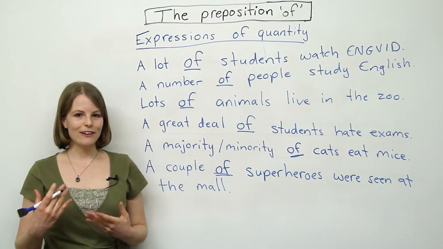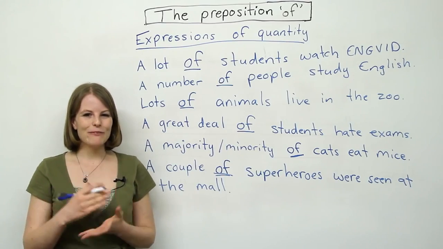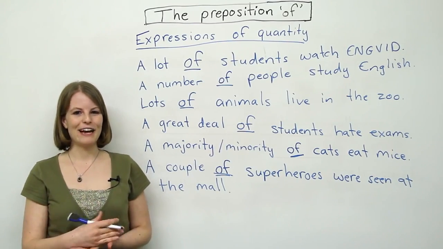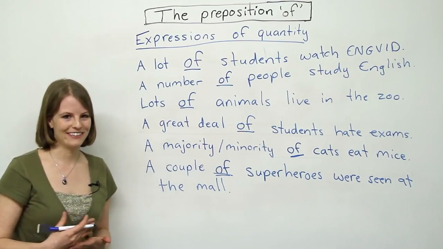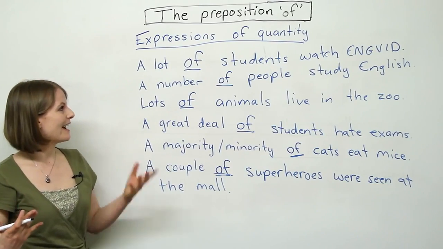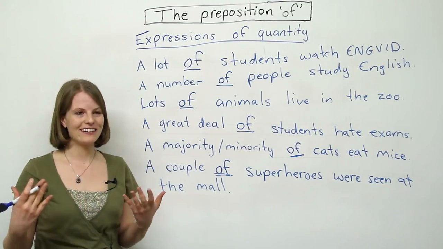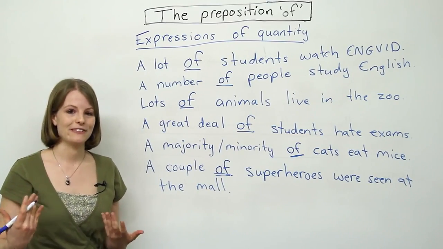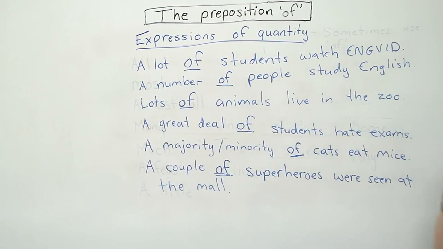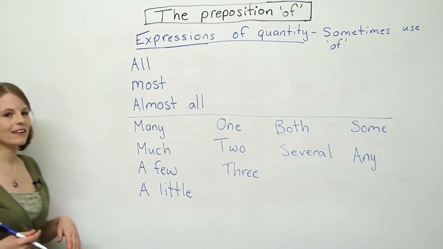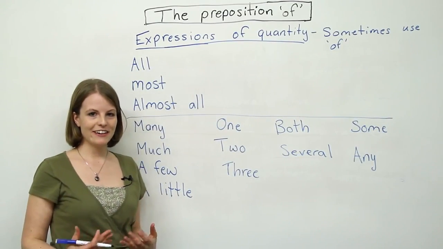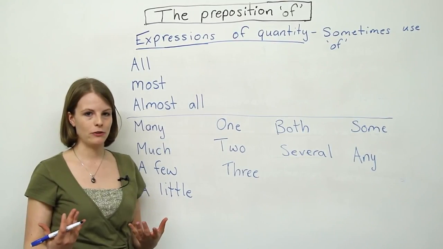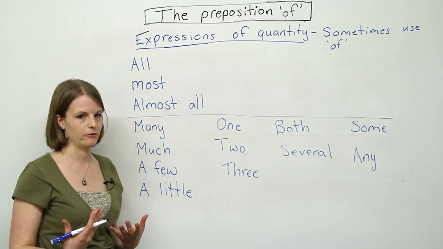So now we are going to make things a little bit more complicated because English has a way of loving to do that for you students. And so we are going to look at expressions of quantity, which sometimes have of and sometimes they don't. So here is a list of some expressions that sometimes use of and sometimes they don't.